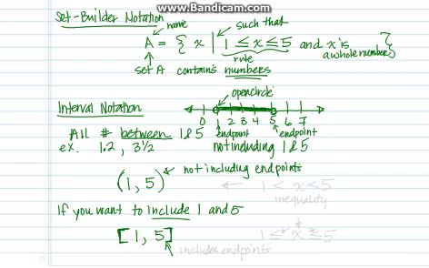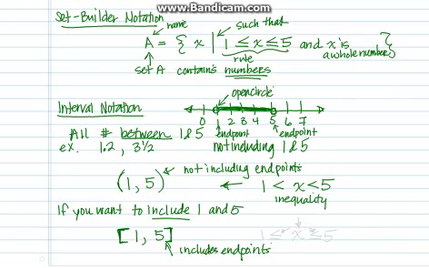So this includes endpoints. If you're thinking about it in terms of an inequality, the first one just does not include the 1 and the 5, so we can say that x is all the numbers on the interval, but they have to be smaller than 5 and greater than 1. As an inequality, those are the values that we're talking about.